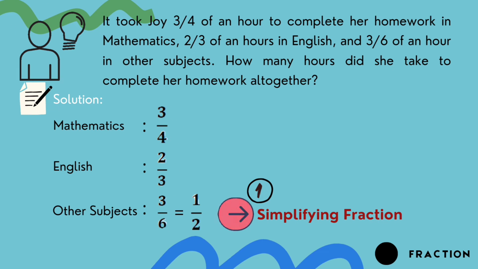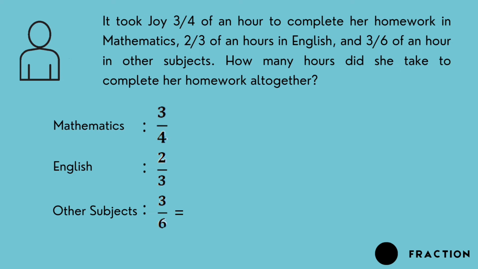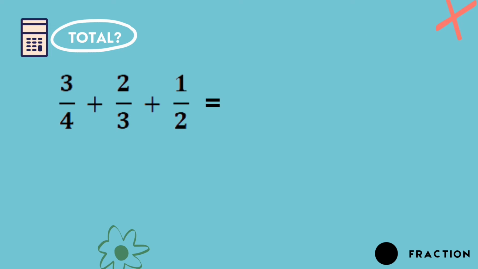Based on the problem, on other subjects, Joy takes 3 over 6 hour. So, we can change this to be simpler. In the fraction 3 over 6, we simplify by dividing both the numerator and the denominator by the number 3, and the result is half. So, how much is the total?